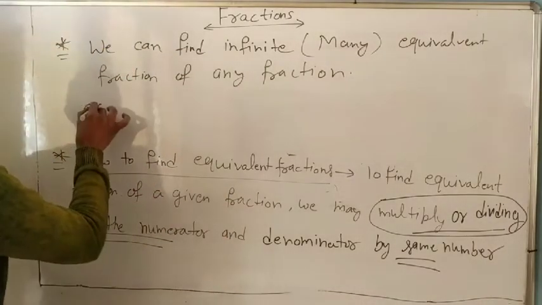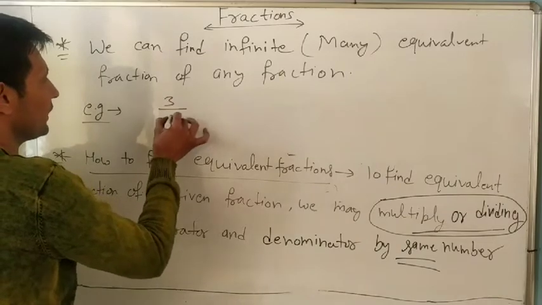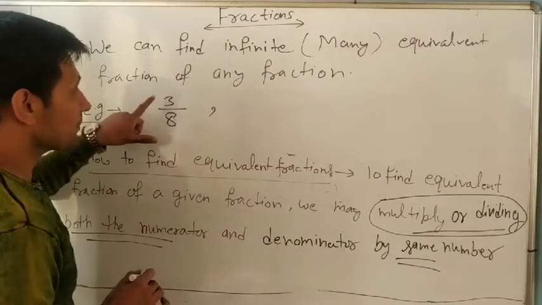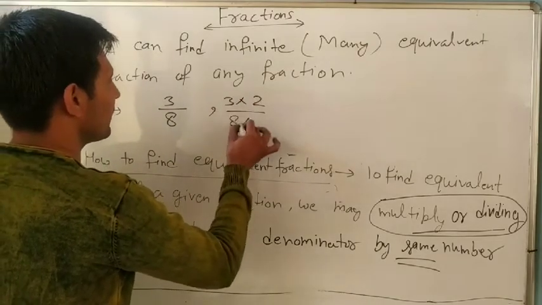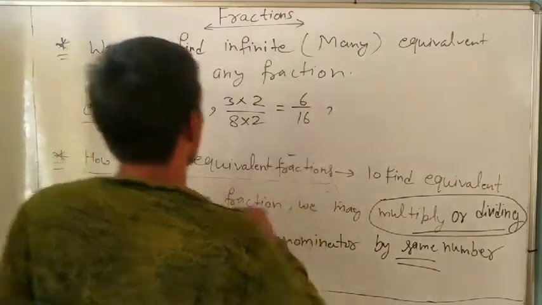Example: find equivalent fractions of 3/8. How will you find? First, multiply numerator and denominator by the same number. Multiply by 2, so 6/16. Any other?